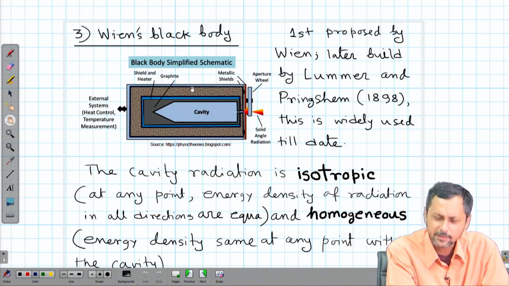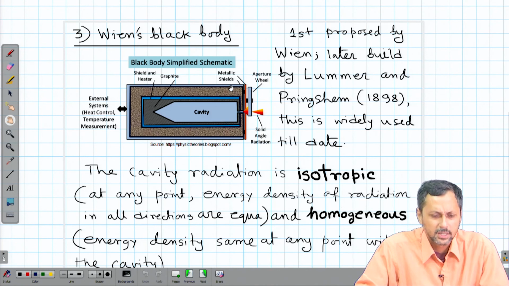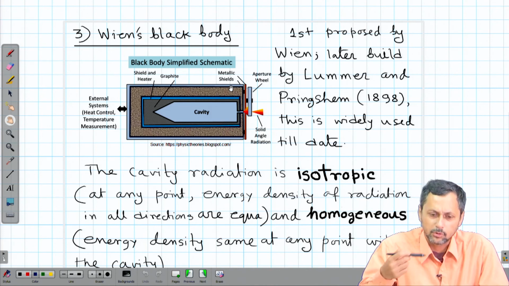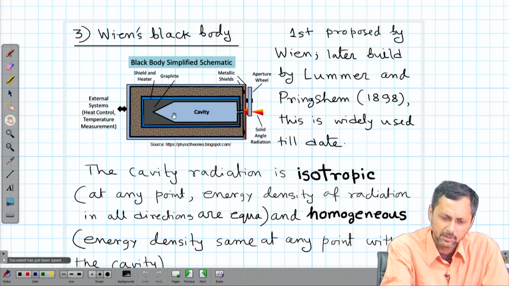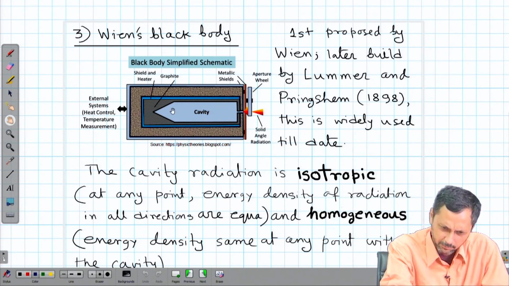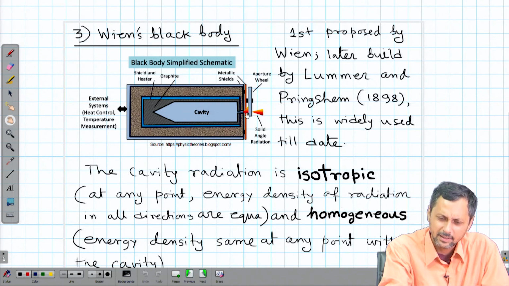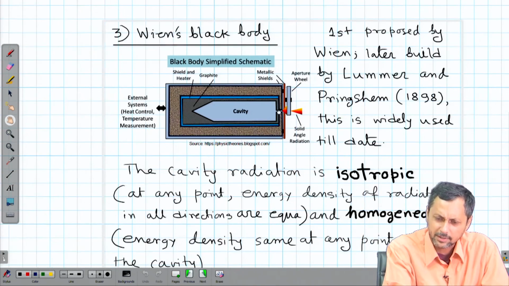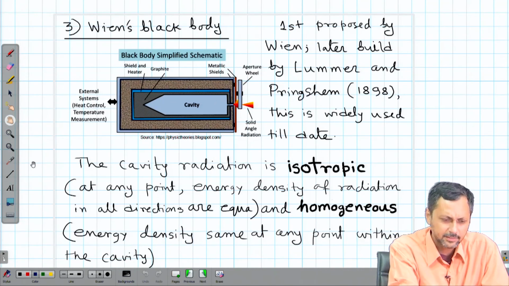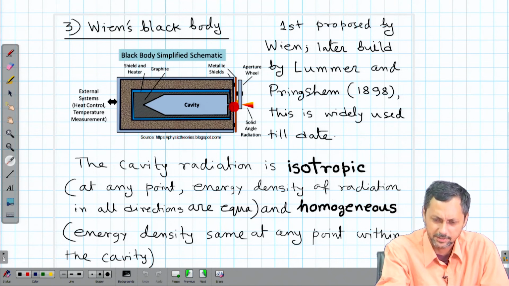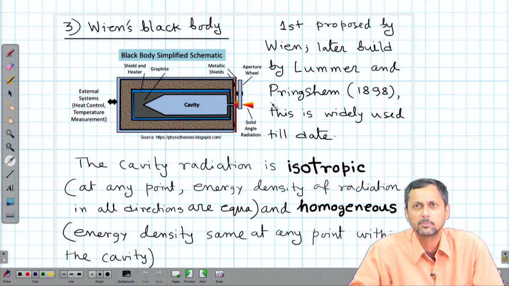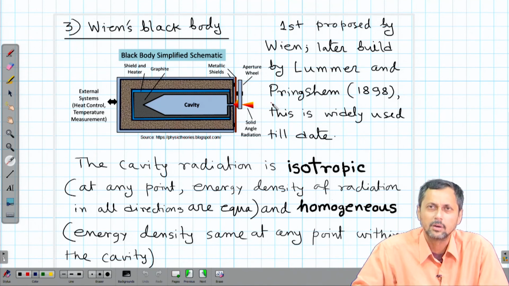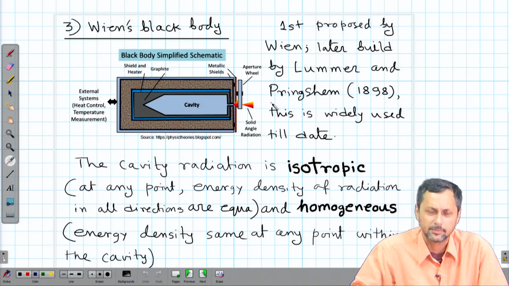There is a heater outside, through which we can control the amount of heat being generated. This heat will be absorbed by the side walls, and a tiny amount can be taken out by adjusting this slit, this aperture here. So, if we open this aperture, a tiny amount might come out. This is also another type of instrument that has been used as a black body in a laboratory.